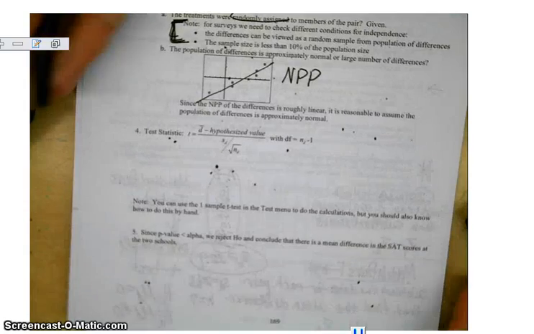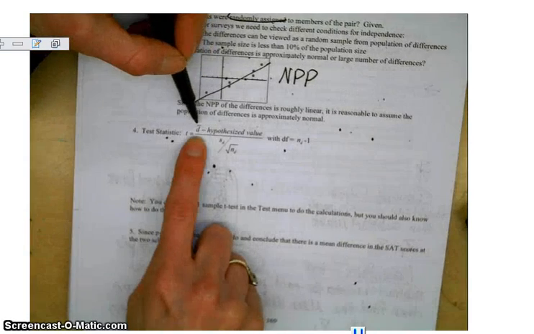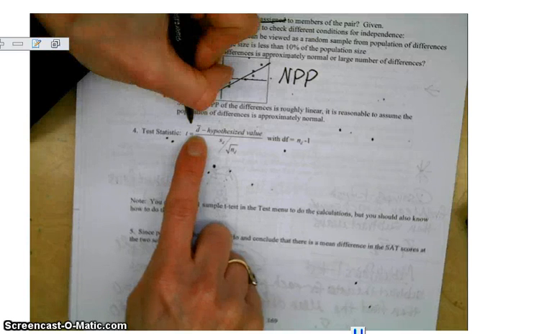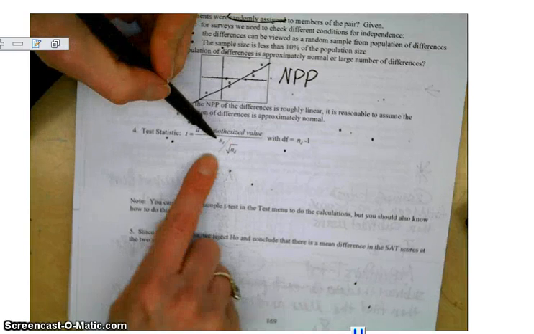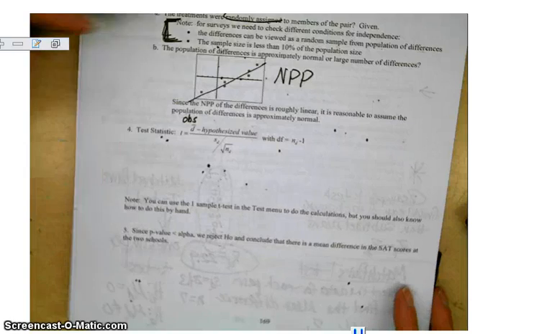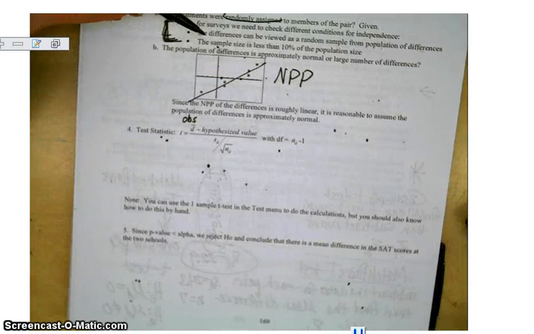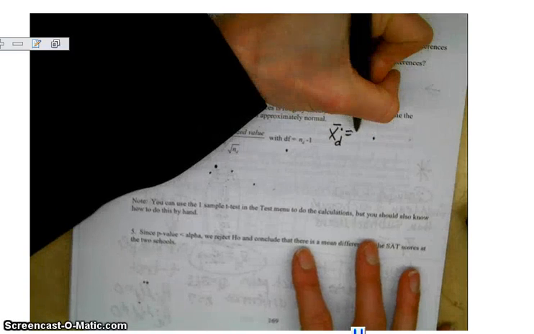All right, so our test statistic is calculated from D, the mean difference. This is our observed difference minus our hypothesized difference, divided by the standard deviation over the square root of n. And degrees of freedom are n minus 1. So what is my mean difference? X bar of the difference, 22.9.